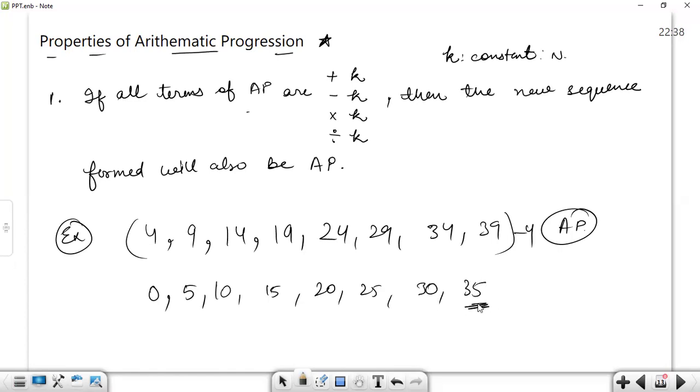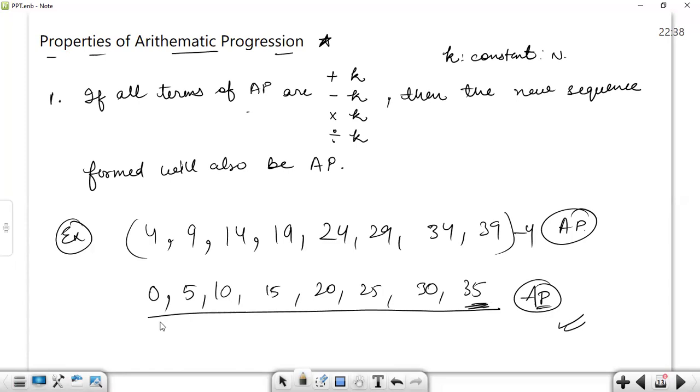This new sequence is also an AP. If it had been multiplied or divided, then for sure the common difference would change. But my point is that the nature of the sequence will remain the same. This is still an AP. Clear? Any doubts?